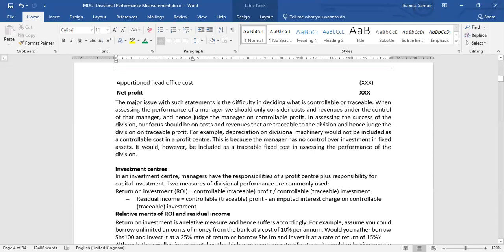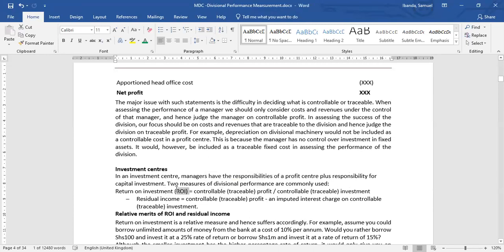Now, depending on whom we are evaluating, if we are evaluating the manager on ROI, we use controllable. If we are evaluating the overall division, we use the traceable. So that's why we've written controllable, with traceable in brackets, and the same applies here. So return on investment is basically profit over the investment. The other is the residual income.